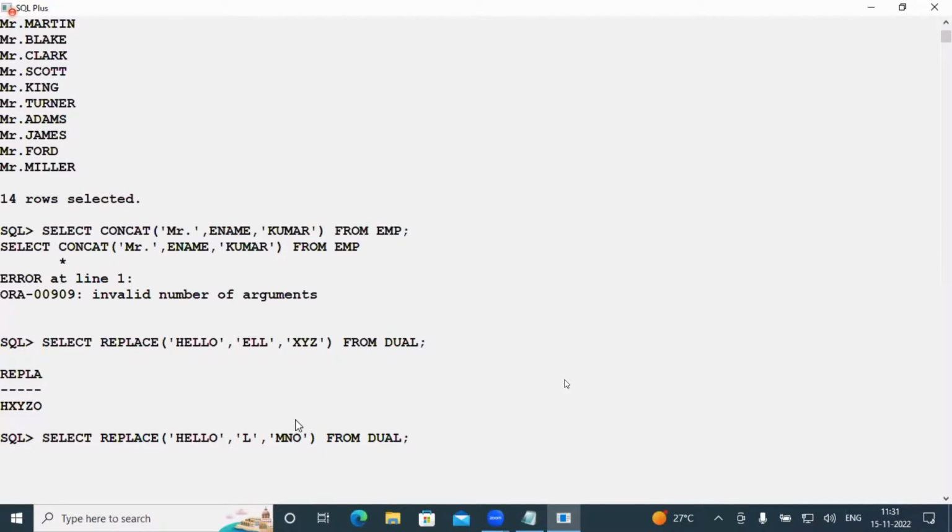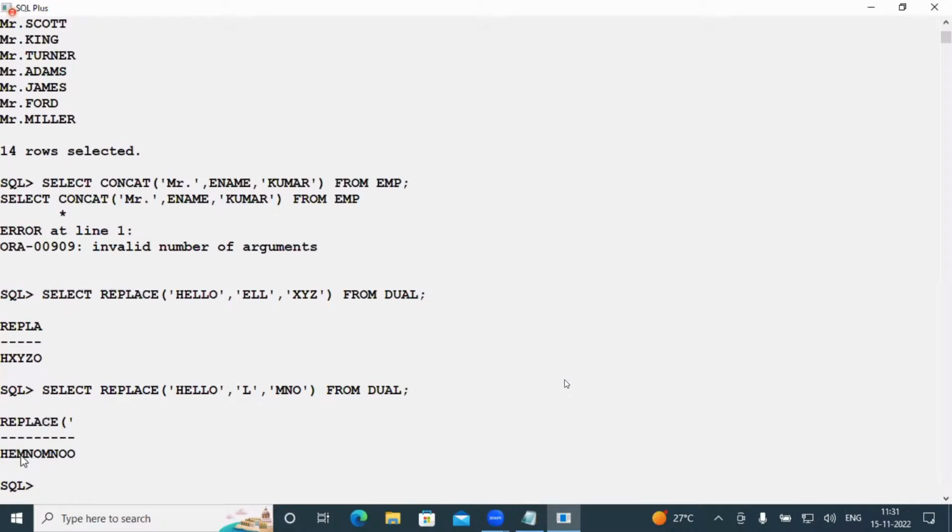Let me see how it was replaced here: HE, first L MNO, second L MNO. Because here we have two L's, each L was replaced with MNO. Got my point now?